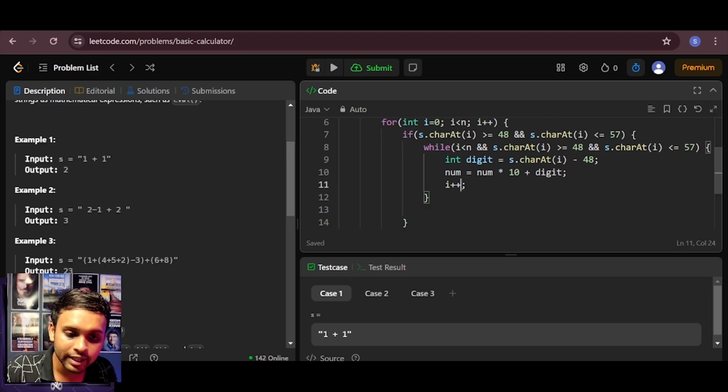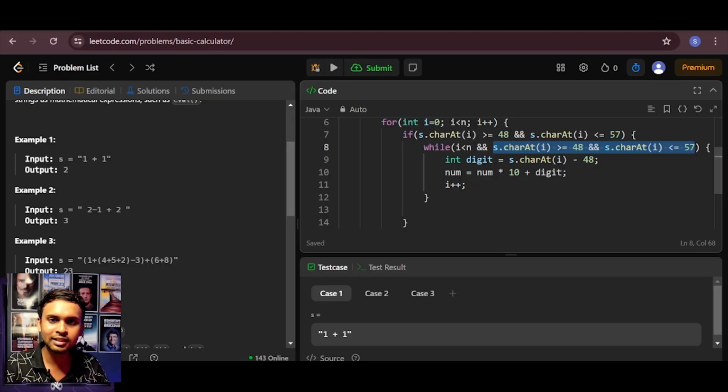So that is what we will do. And one important thing guys, after these two things over here, I am doing i plus plus at the end. So after this, whenever it checks again, maybe this condition is not matched by any one of these, and that is a separate character which has to be handled in a separate way. So that we should not mess up, because already we are moving ahead to one extra space.